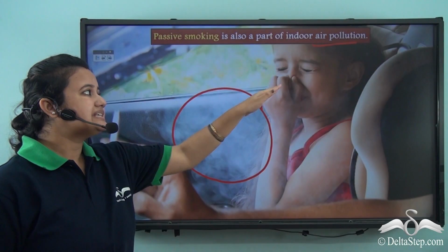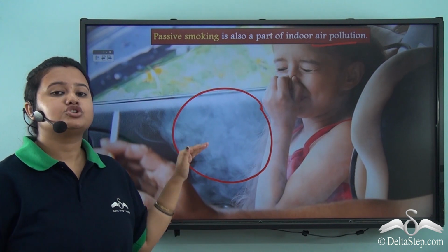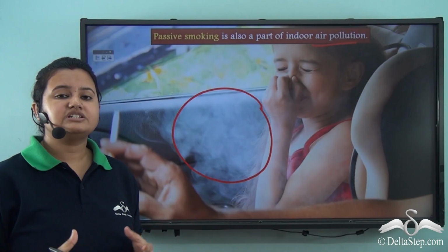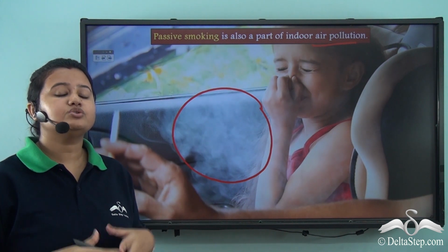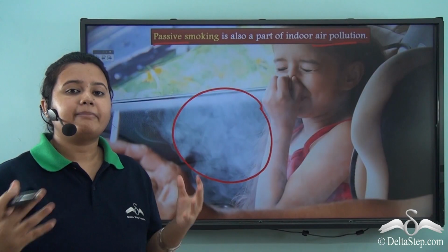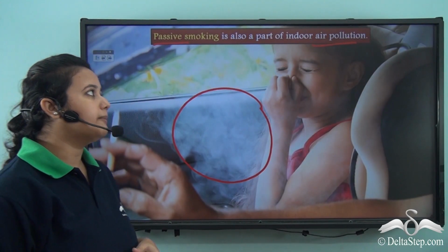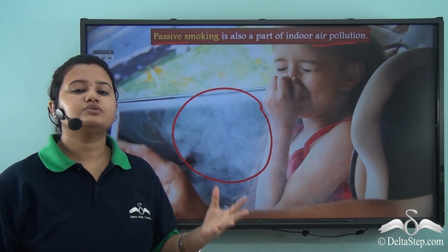Now a person sitting beside the smoker can involuntarily inhale this toxic gas. This involuntary inhalation of smoke or gas produced due to cigarette smoking is known as passive smoking. Thus, passive smoking is also a part of indoor air pollution as it pollutes the surrounding air.